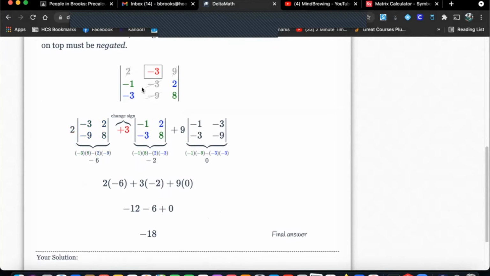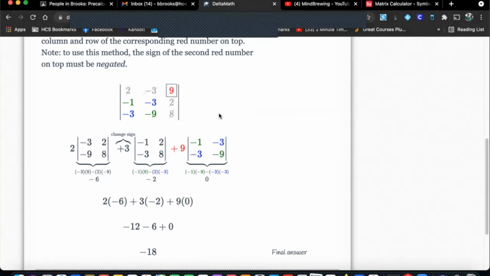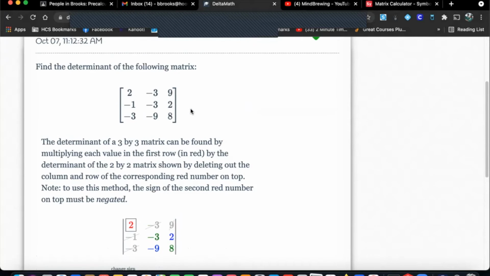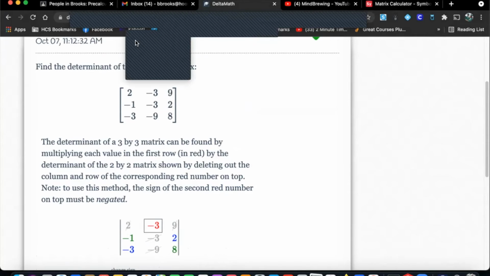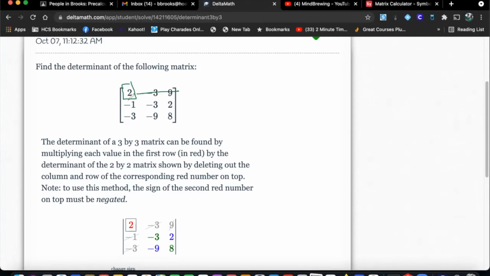Okay, they use minors, which you can do as well. Basically, the way minors work is you first start with saying you got 2, and then you ignore everything else in that.